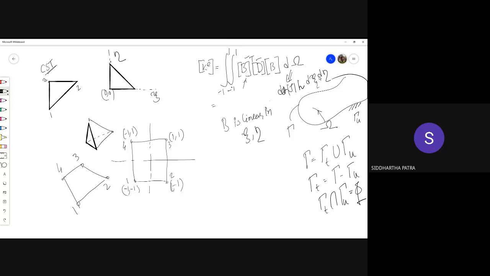If you look carefully at the video in which we discussed the four-noded quad element, this is only linear when J is a constant. The Jacobian matrix is a constant, and when is J a constant? That implies the physical element is a parallelogram.